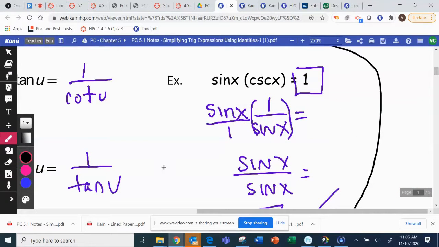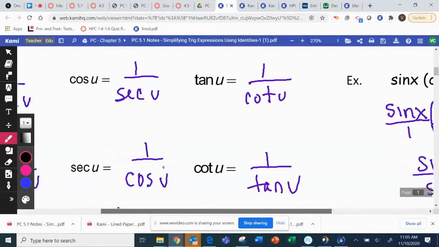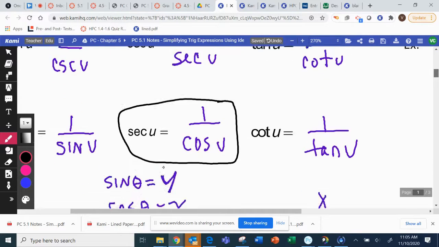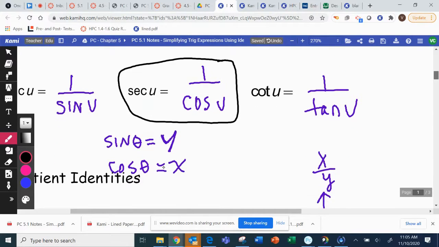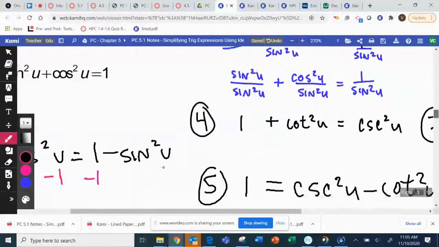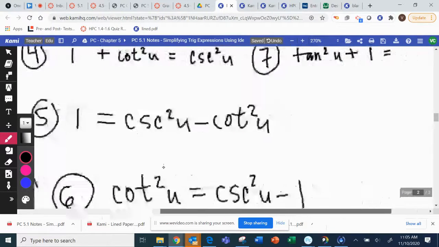Was I saying 1 over cosine? Here's 1 over cosine here. So what's that one? And secant squared, because it was squared, right?